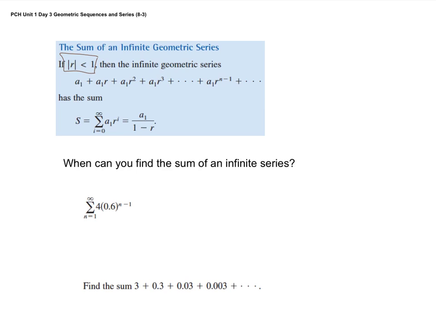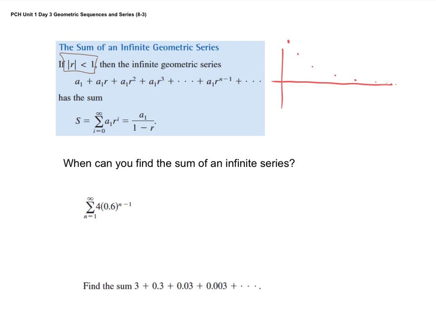Now, this can happen one of two ways. If r is a positive value, then our terms will look like an exponential decay function. But notice they'll be getting closer and closer to 0. There will be an asymptote there at 0.